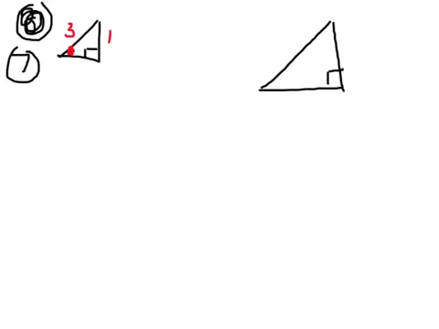Now, I'm going to go ahead and address why these would be the same. Why should we expect them to be the same? If you notice, these 2 triangles are similar triangles. If I take the hypotenuse of the small one, multiply by 2, I get 6. If I take the leg of the small one, multiply by 2, I get 2, which is the leg on the other one.